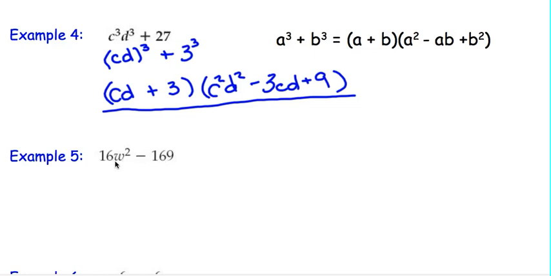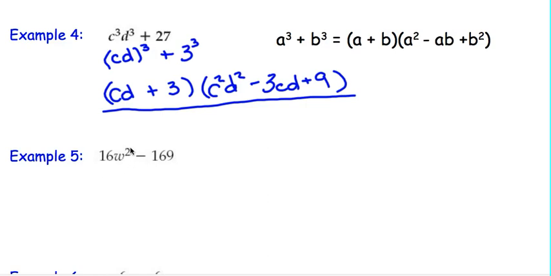I have 16W squared minus 169. So looking at these, 16 only has factors of 2, and 169 only has factors of 13, so there is not a greatest common factor. So now, since it has 2 terms, are they squares or are they cubes?